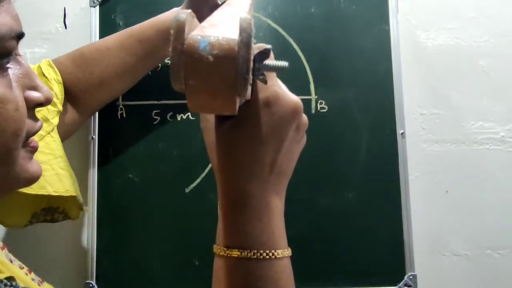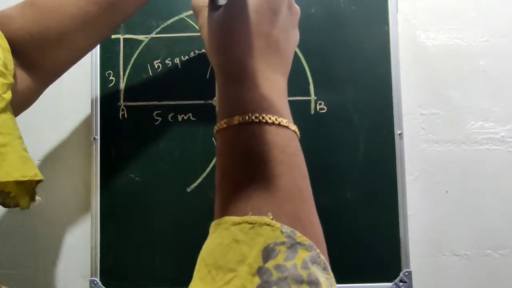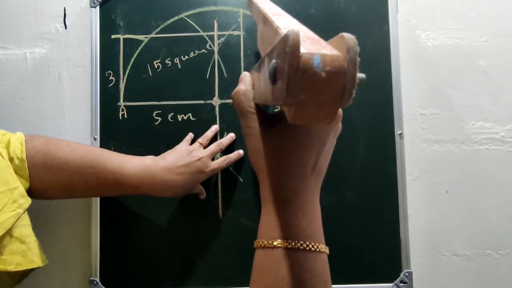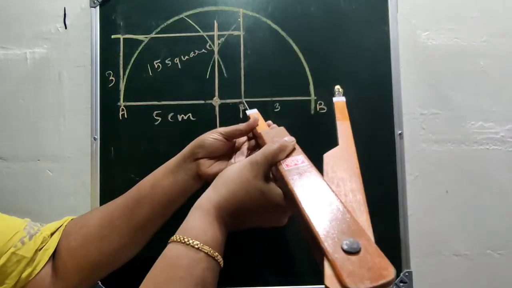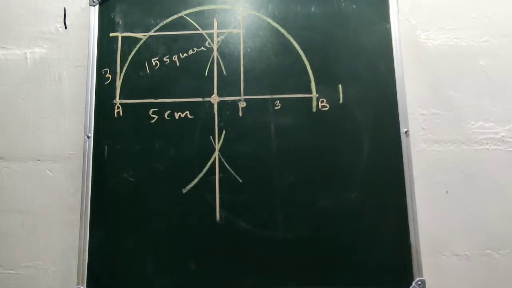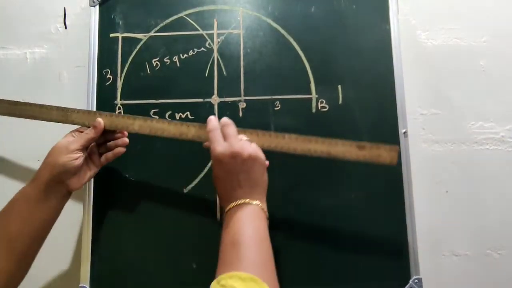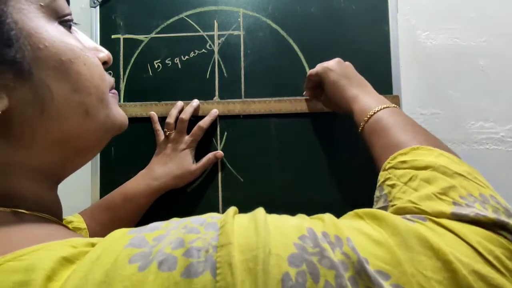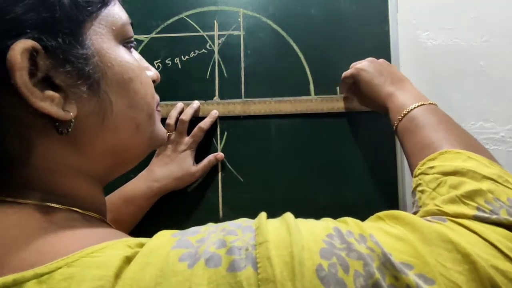So take that length on the compass. Then keeping this point P as center, draw an arc of the same length and extend our PB to touch that arc.